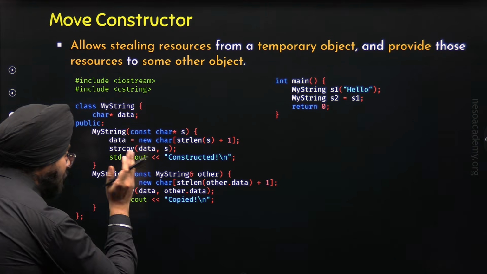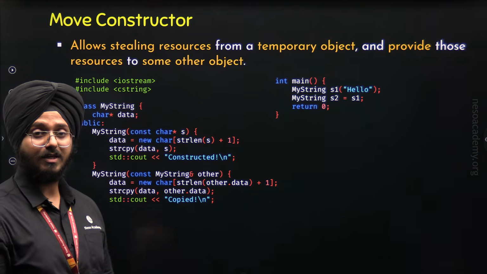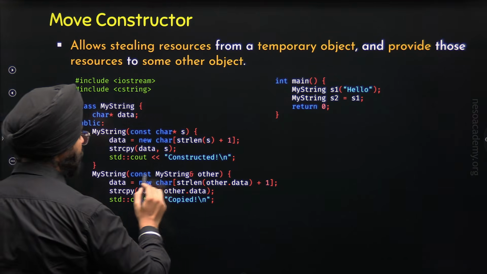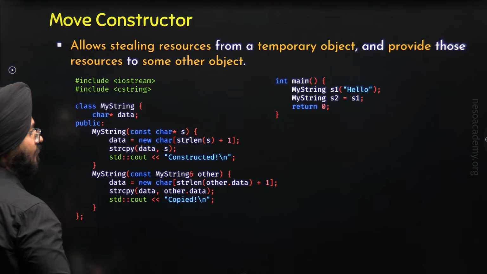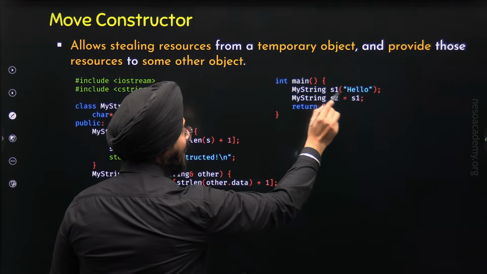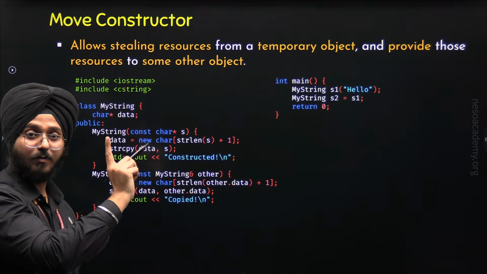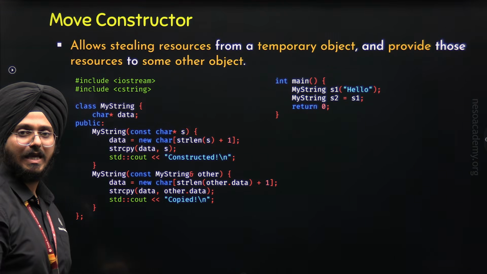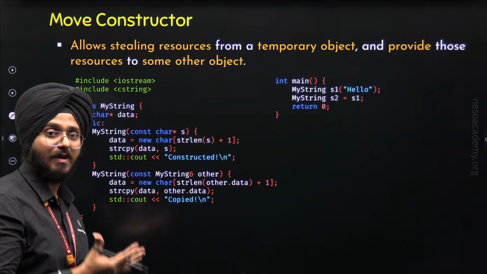Here I am performing the deep copy. We have already learned the deep copy. Here I have provided this reference as the parameter. This is the reference to s1. We know s1 is an lvalue. Here you can observe that s1 is an lvalue. It has a persistent memory.